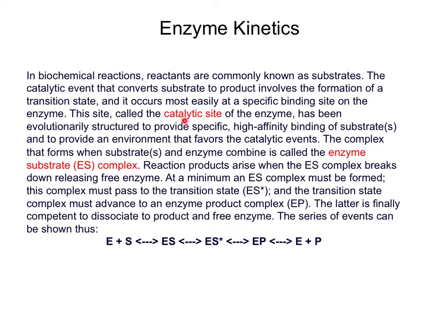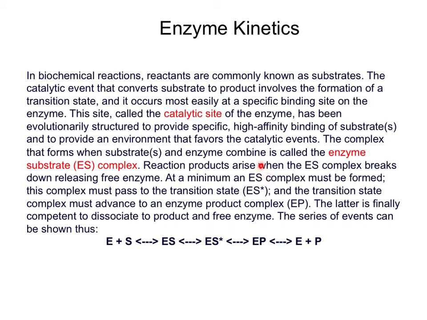That site is called the catalytic site and has been structured evolutionarily to provide specific high affinity binding of substrates and to provide an environment that favors that catalytic event. The complex that forms when the substrates and enzymes are combined is called the enzyme substrate complex, ES. And the reaction products arise when the enzyme substrate complex breaks down, releasing the free enzyme.